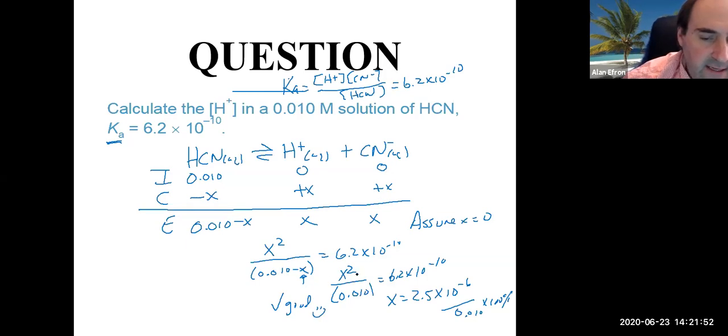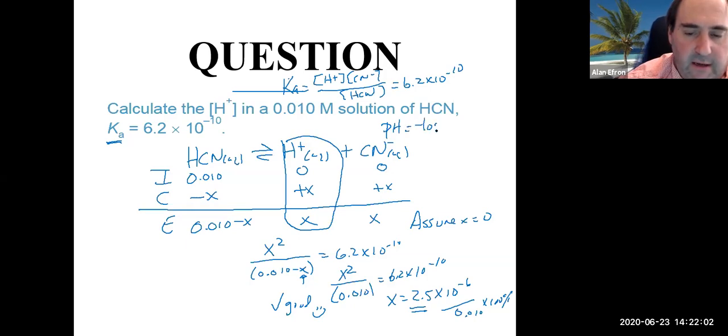Happy face. So that does mean that this x value, again, is going to be our H plus concentration from our table. And that means that the pH will equal minus the log of 2.5 times 10 to the minus 6, which gets you something like, that's not the right answer, minus the log of 2.5 times 10 to the minus 6.